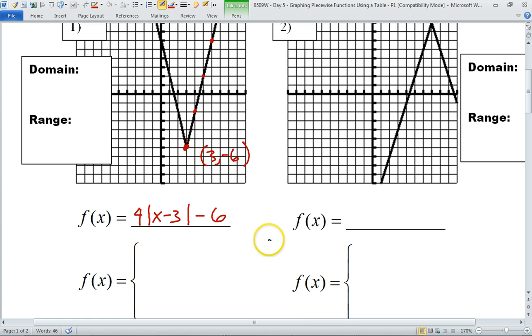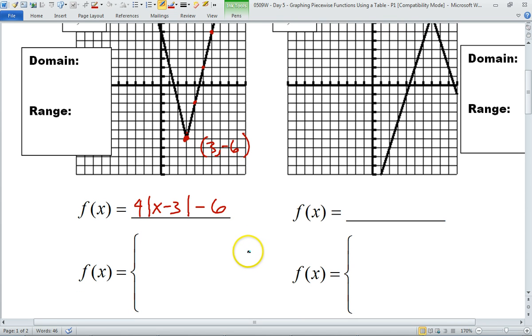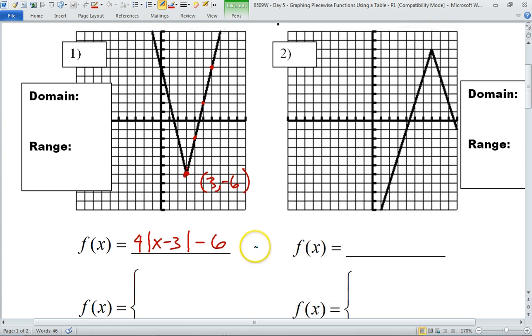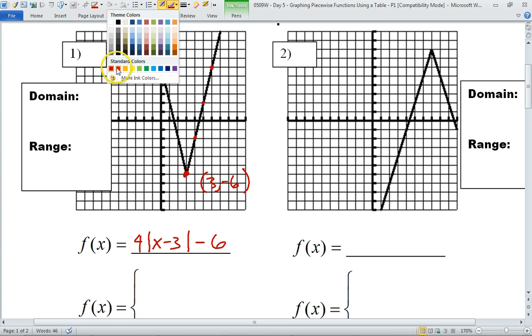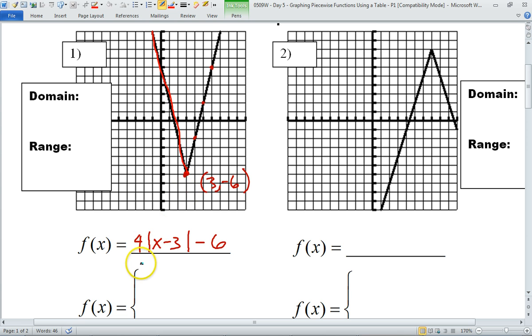But we also could write this as a piecewise function. And this is what we were working on yesterday. First, I'm going to write the function for the left side of this picture. So I'm about to write the function for this half of the graph. I need the slope and the y-intercept. Well, we just counted the slope on the other side. It was up 4/1. That means this side would have to be the same, only negative.